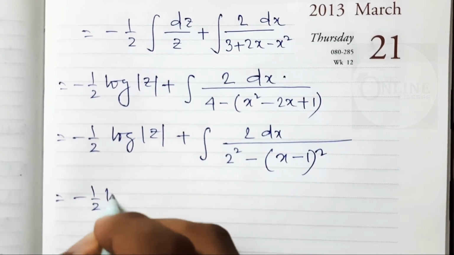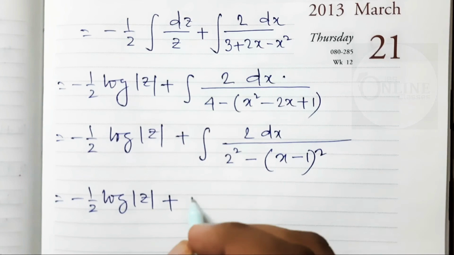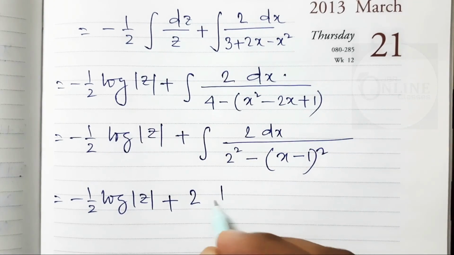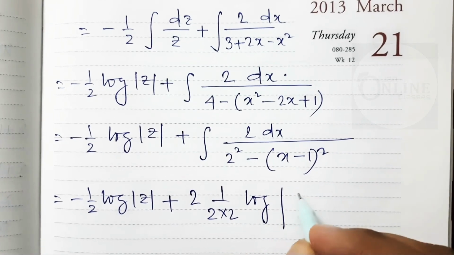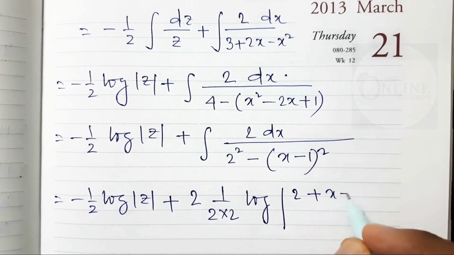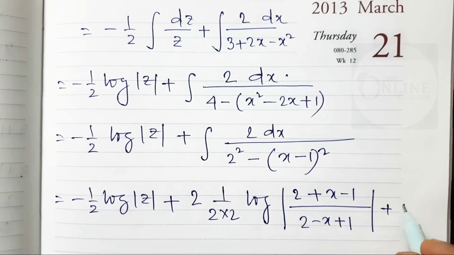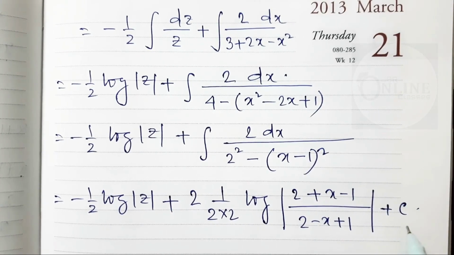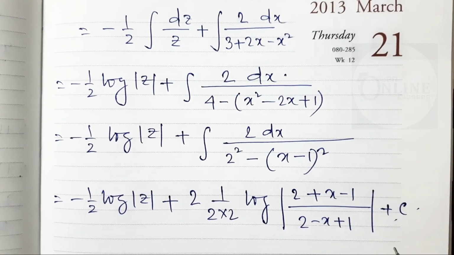So this is already done, and this formula is actually 1 by 2a into log of a plus x divided by a minus x plus c. Okay, this c is the integration constant, because this integration is an indefinite integral. That's why this integration constant is coming.